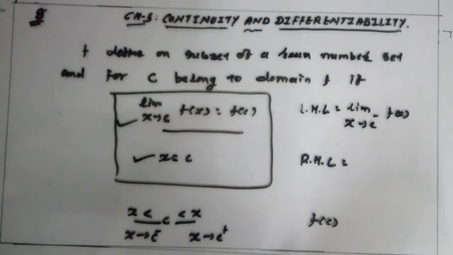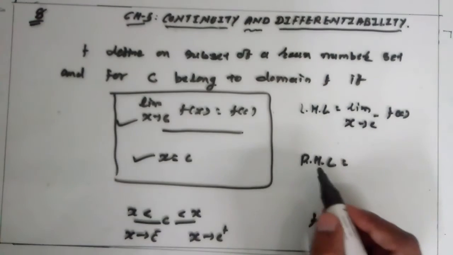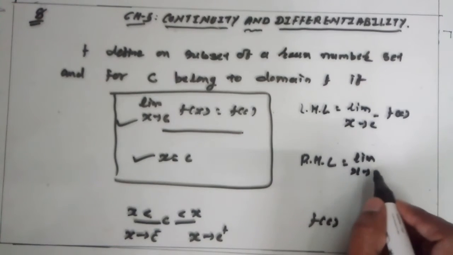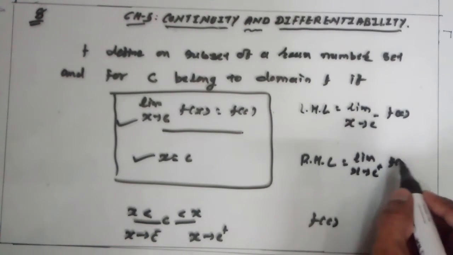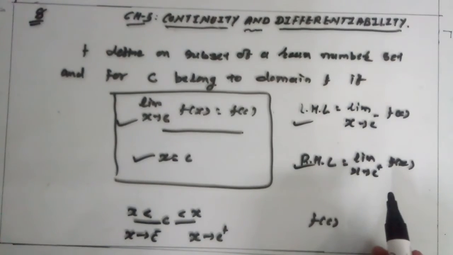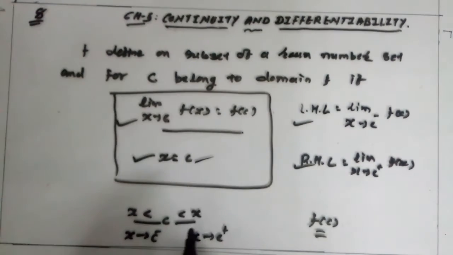That is the right side, and this is the left side. If both exist and are equal to f of c, then we say that the given function is continuous at x is equal to c. Clear?